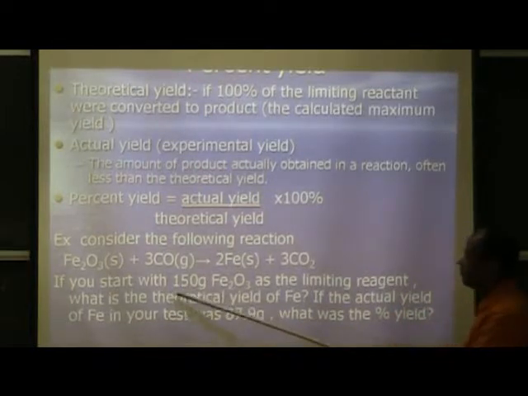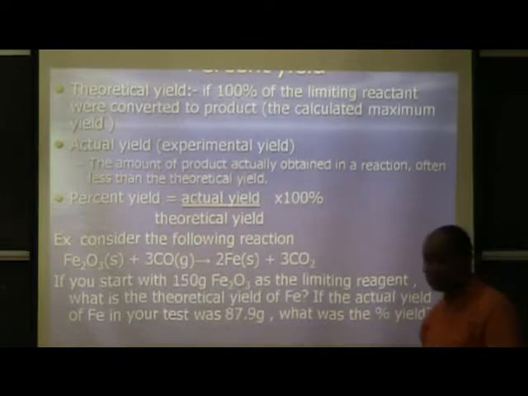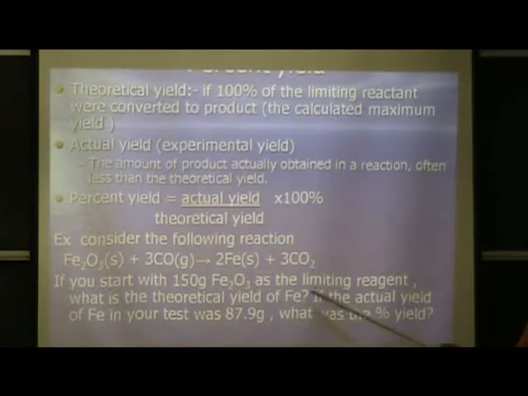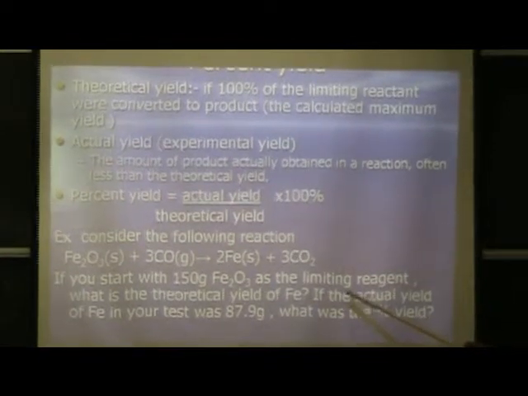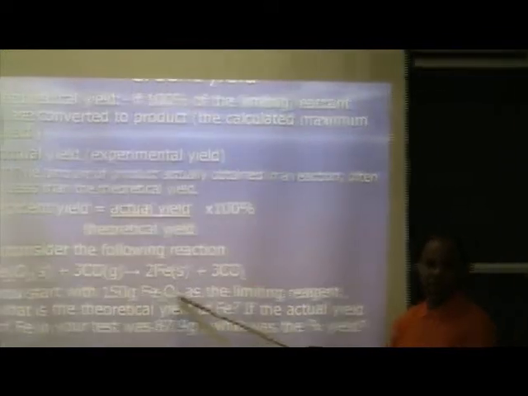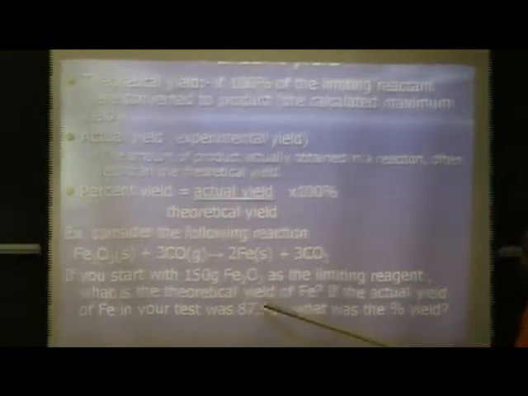Now, it was given for you here. If you start with 150 grams of iron oxide as the limiting reagent, now you see everything is easy for you because you don't need to find the limiting reagent because it's already given here. Your limiting reagent is iron 3 oxide, actually, that's the right name: 150 grams of iron 3 oxide.